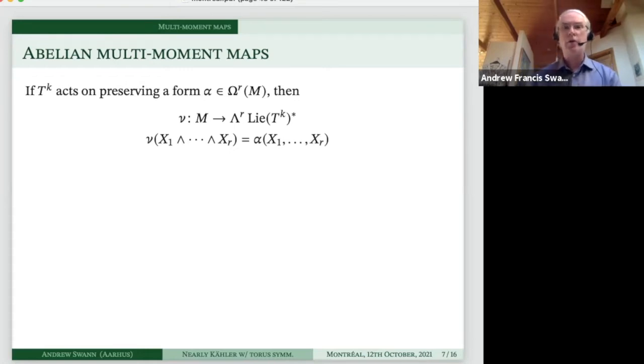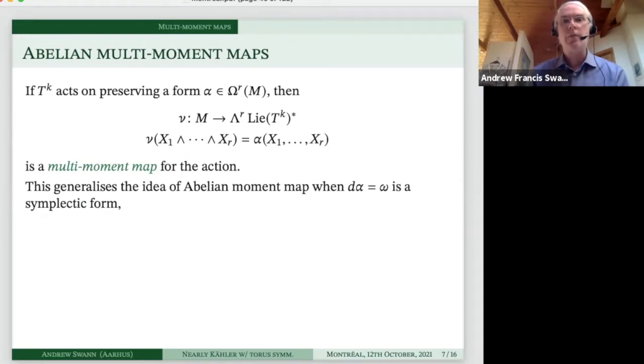So r here corresponds to the degree of the form alpha. And we define this on simple wedge products, x1 up to xr, from the Lie algebra to be alpha on the corresponding vector fields, x1 up to xr. So this is what I call a multi-moment map for the action.